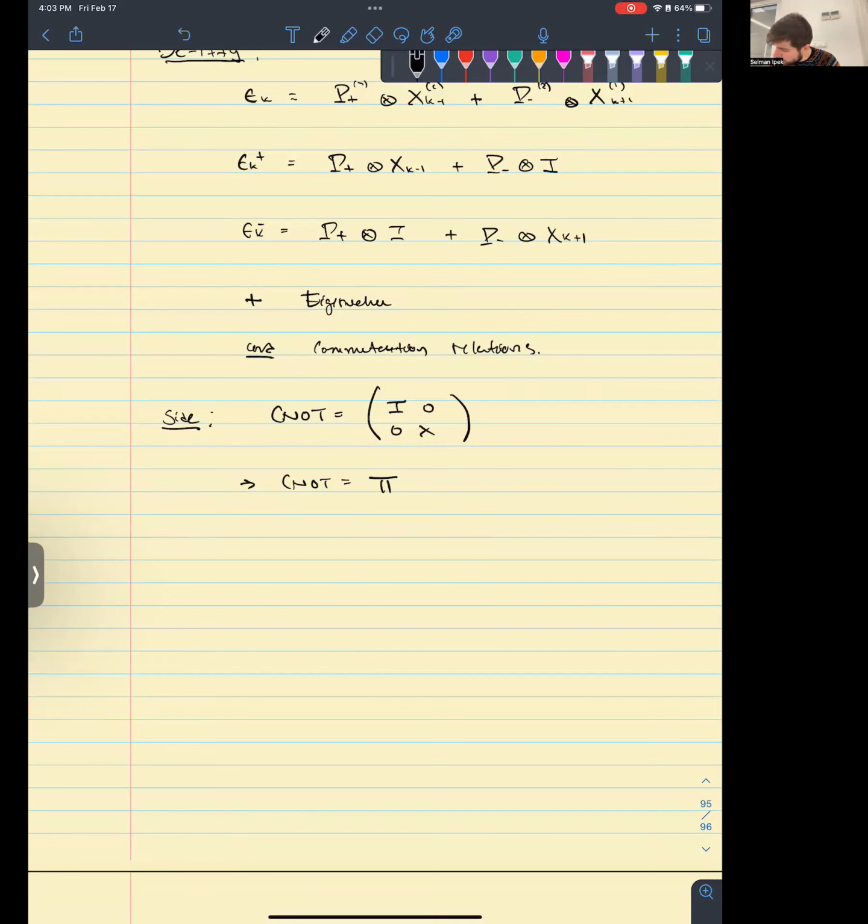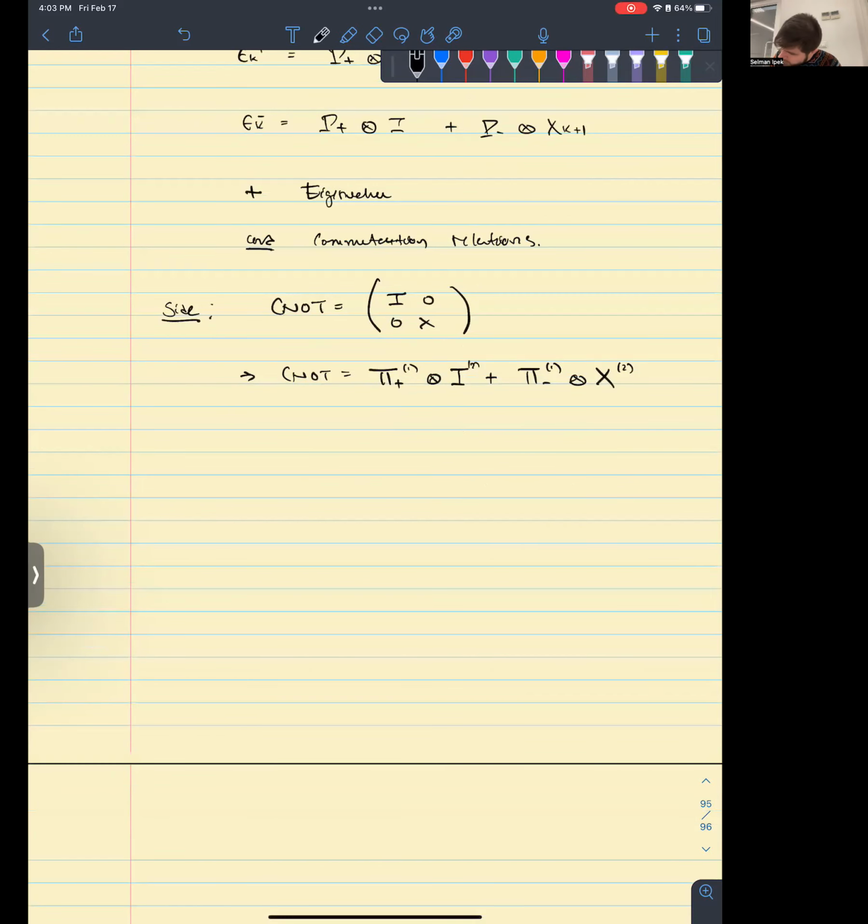You have the projector onto the Z eigenspace for the first qubit, tensored with what you do to the second qubit, which if it's plus, then you do nothing, plus pi minus of 1 tensored with what do you do on the second qubit in the C0 gate? You apply the x. Sorry, this is 2.